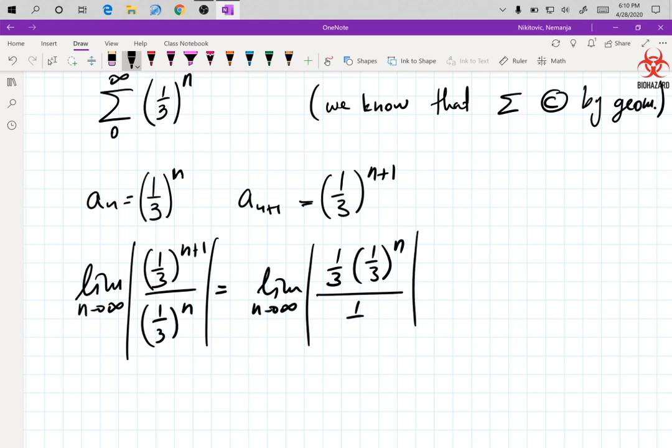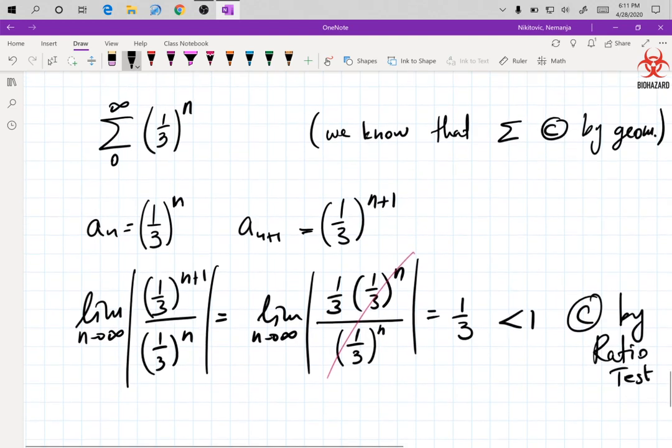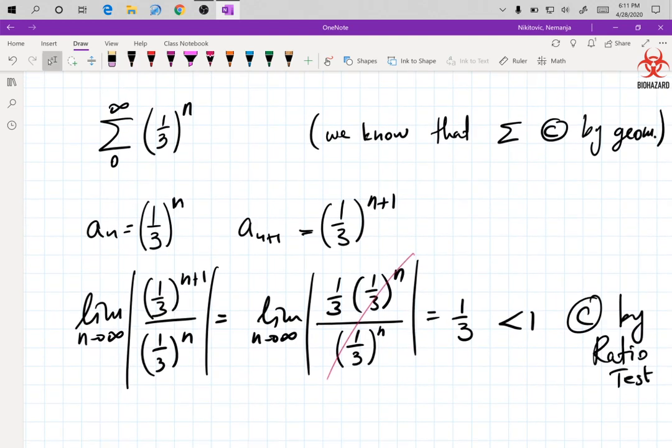Holy nightmare, it's a bad day. There we go. Hey, easy. These cancel, and we get 1/3. It's less than 1. Converges by ratio. So, a good old problem that we know, to solve using geometric series, ratio can do it.